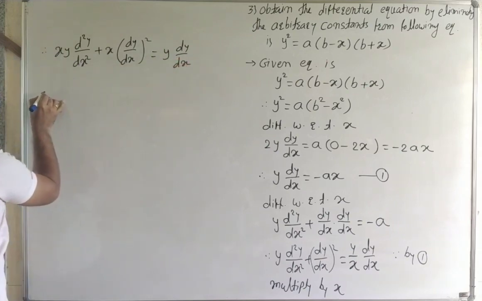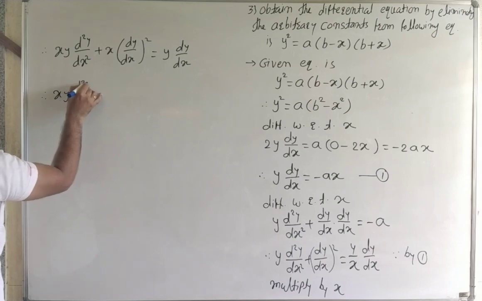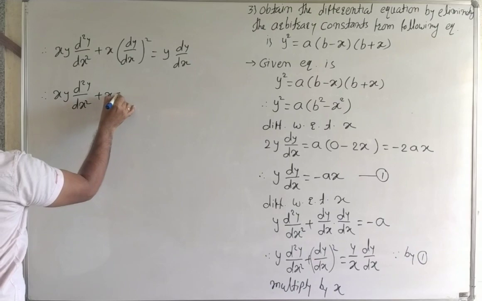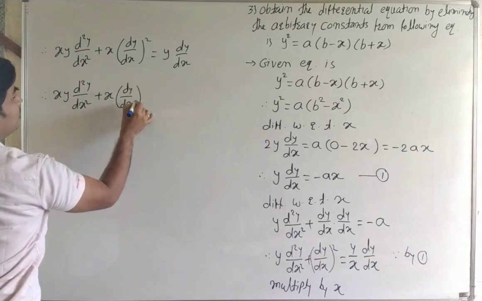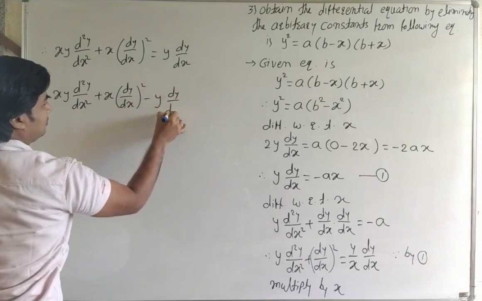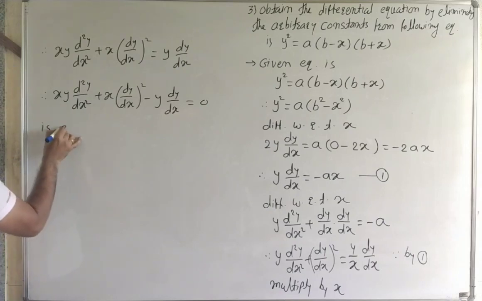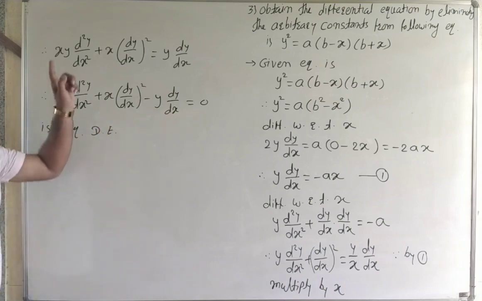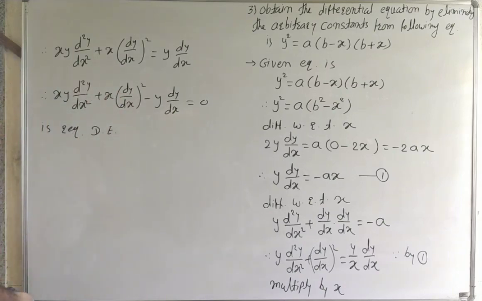And last we can write xy d2y by dx2 plus x dy by dx whole square minus y dy by dx is equal to 0, which is the required differential equation. See carefully this.